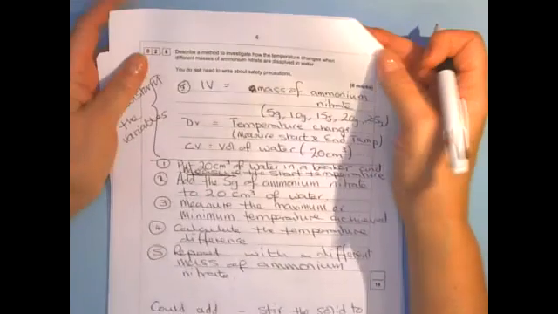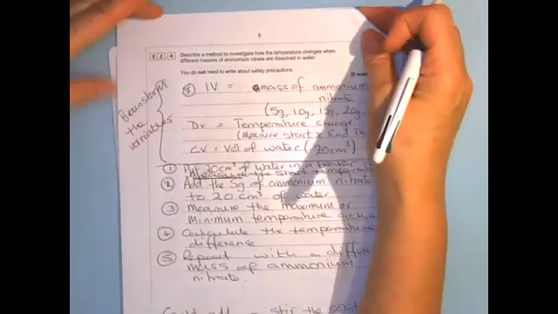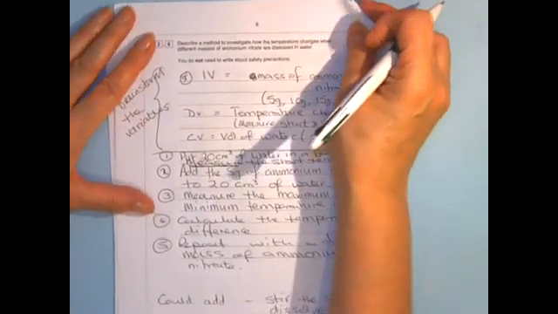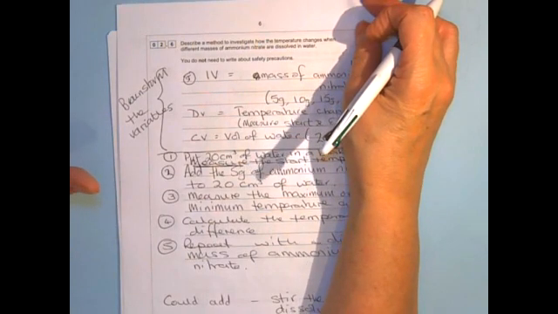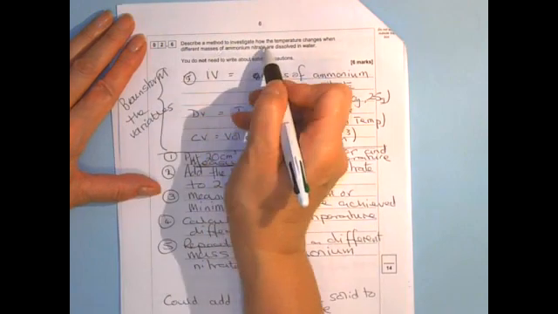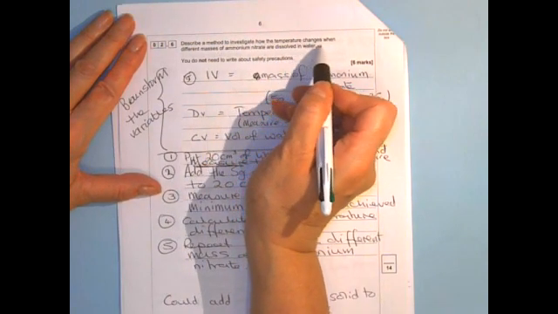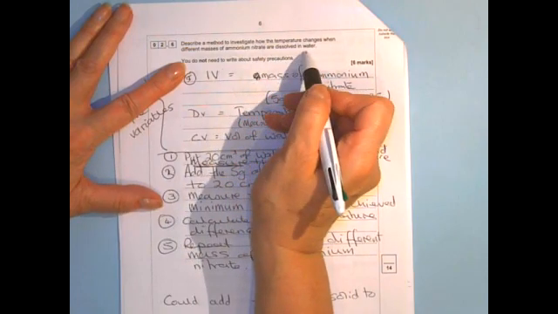Okay, so this is a 6-mark question, and these, as long as you can bullet point these, so as long as you get all the work in, or the keywords in, you'll get a full 6 marks. So it says, describe a method to investigate how the temperature changes when different masses of ammonium nitrate are dissolved in water.